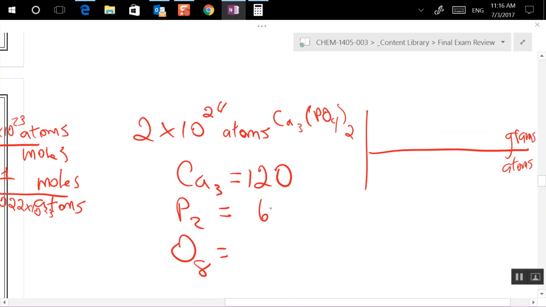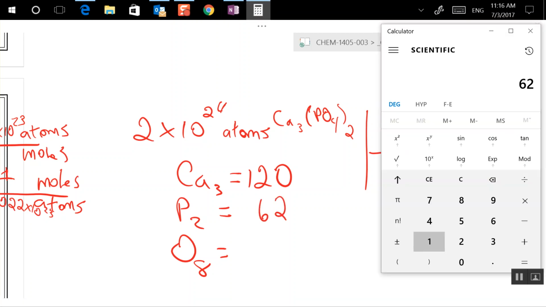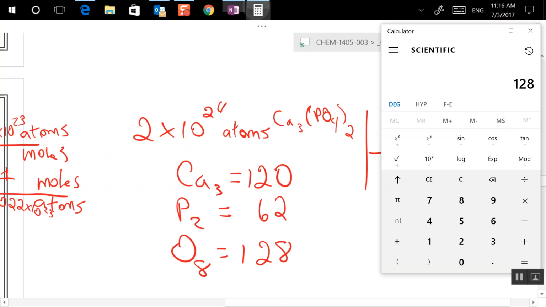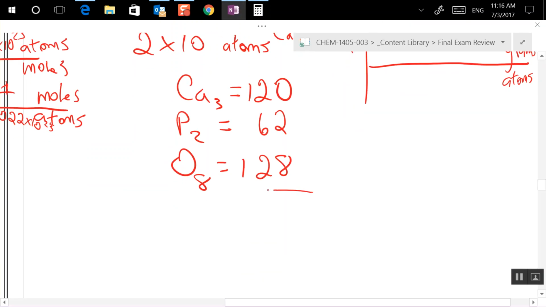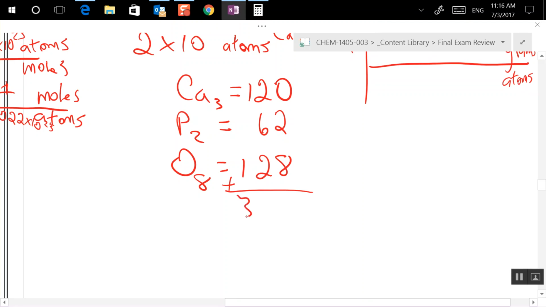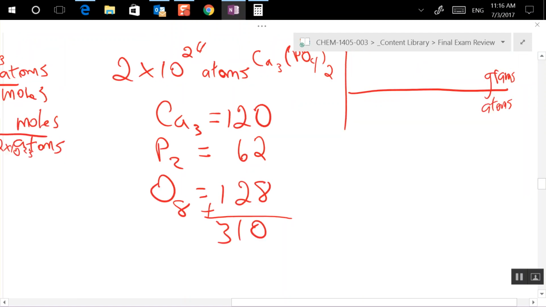I get 62. And oxygen is 16 times 8. Gives me 128. Okay? And then I simply have to add those together. 128 plus 62 plus 120. 310. Okay? That's the mass that I'm going to use here.